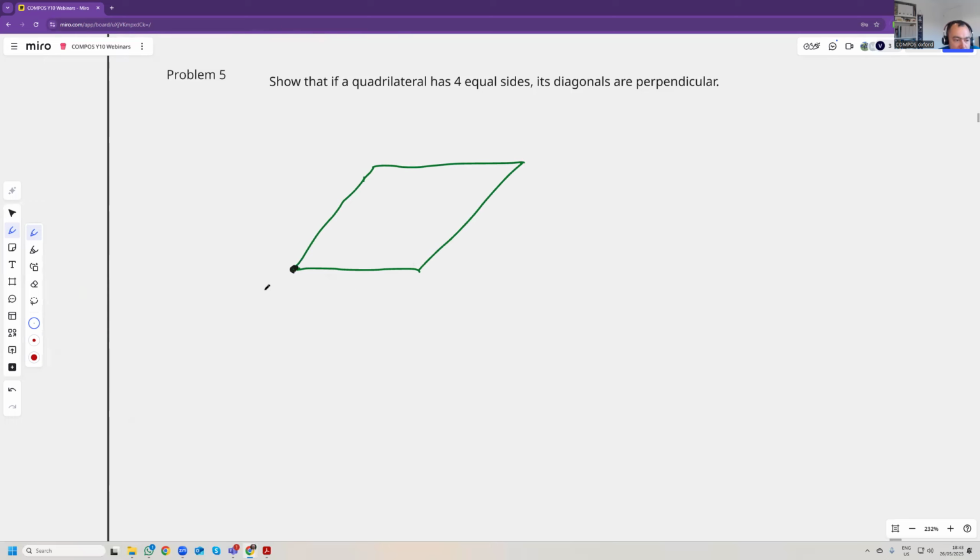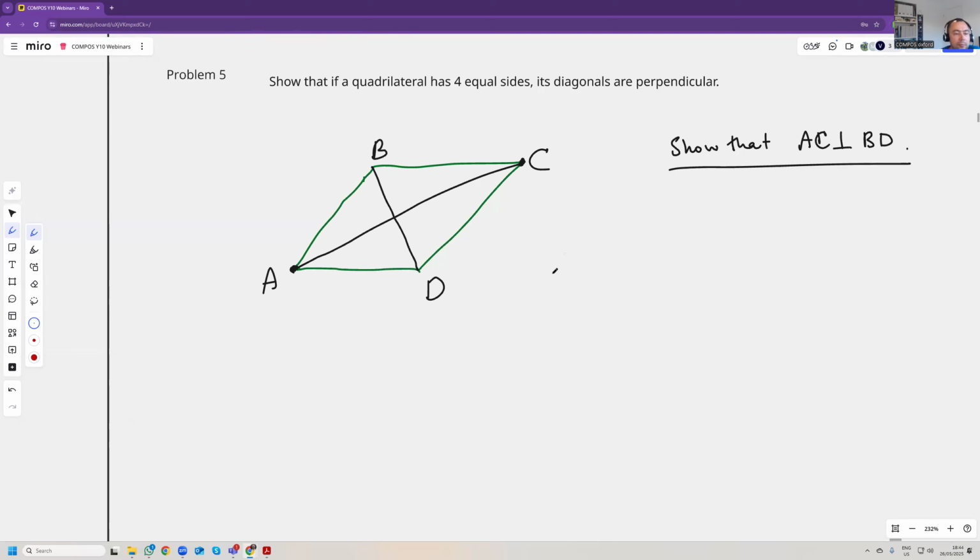Okay. So ABCD is a quadrilateral. Now we want to show that AC is perpendicular to BD. Well, we know that AB is equal to BC, equal to CD, equal to AD.